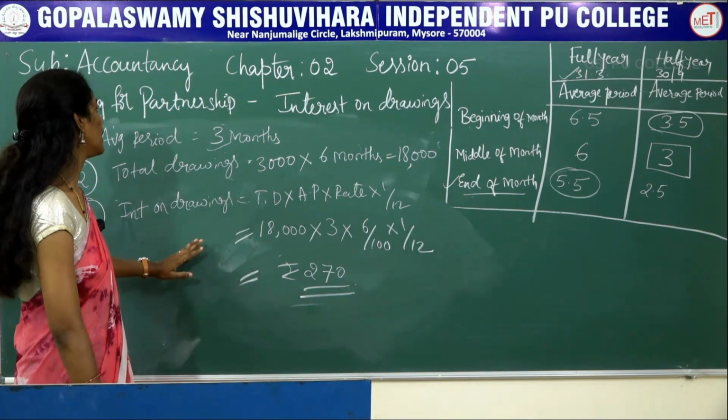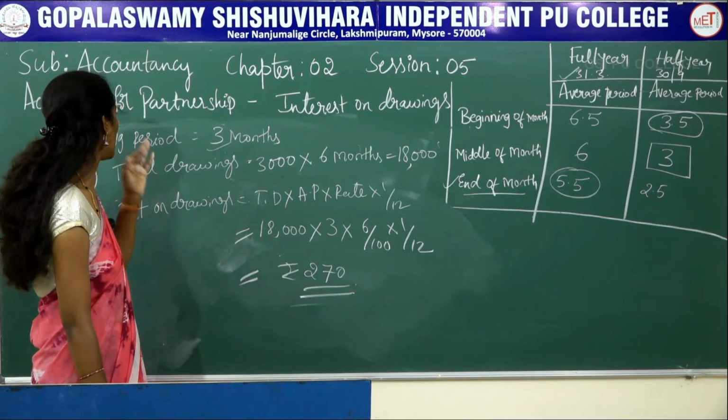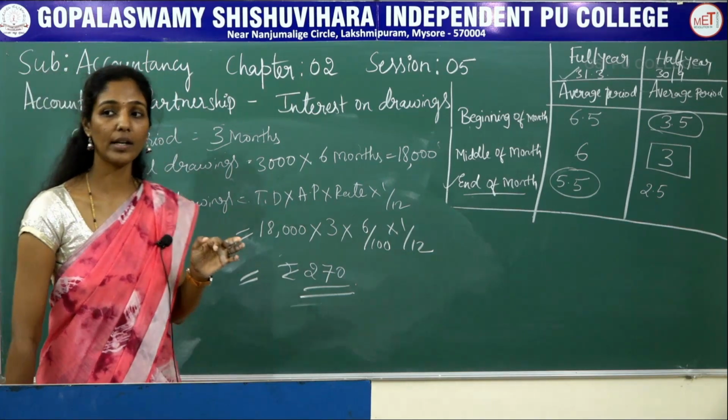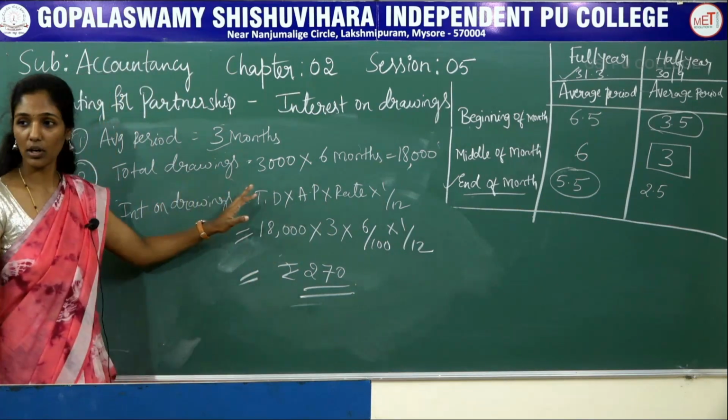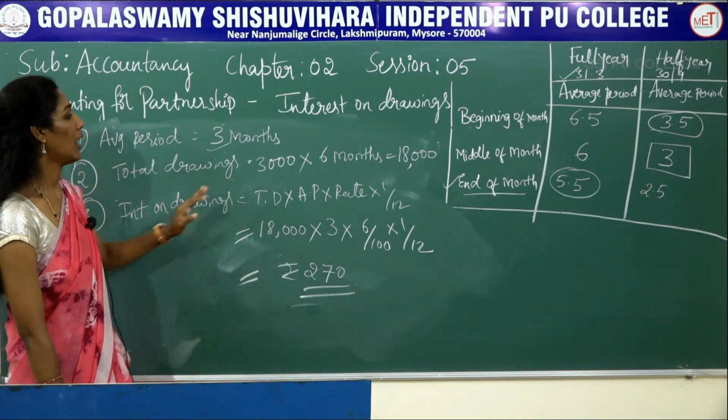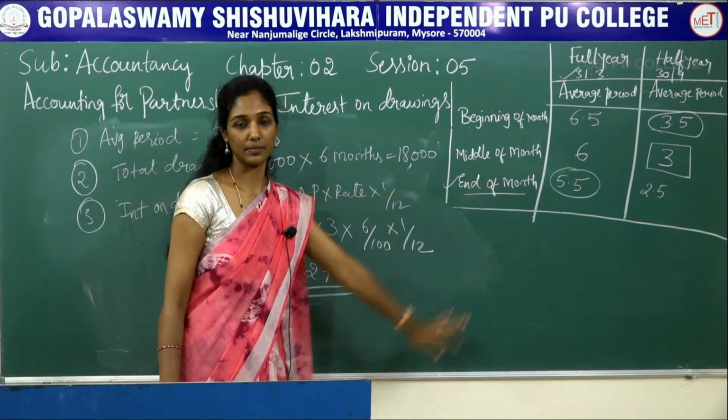This is the problem we have solved based on the average period method when a partner has withdrawn at the middle of the month.